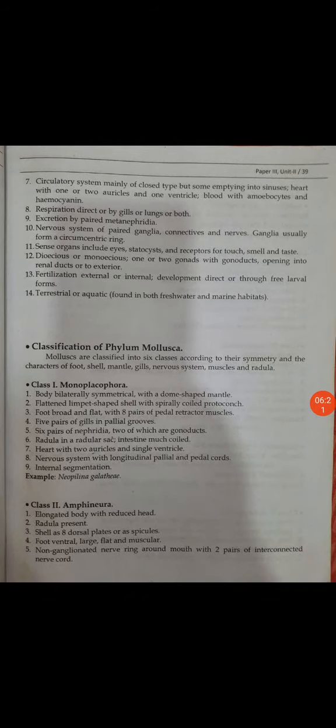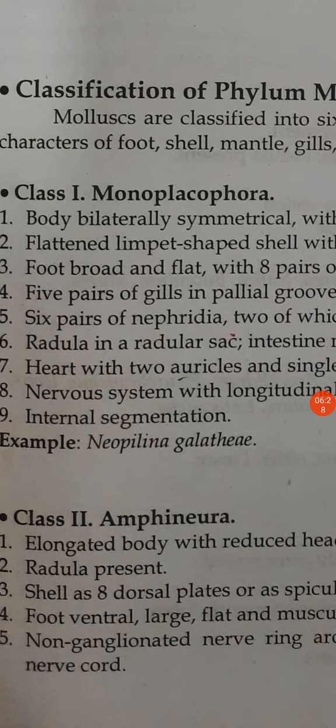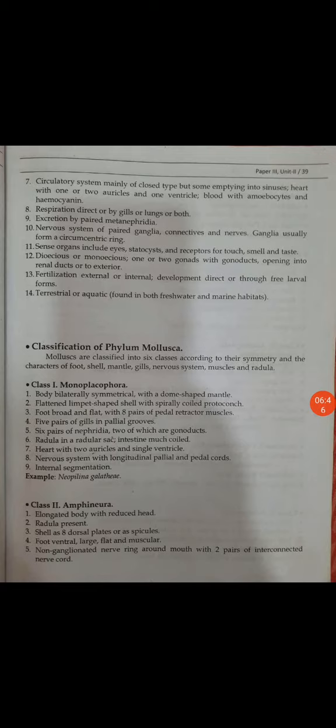Shell-bearing animals come under this group. The second one is the Amphineura. Here the Amphineura have a shell and spicules. The examples are Lepidopleurus and chiton. They are marine in habitat, which means we find these animals in sea water.